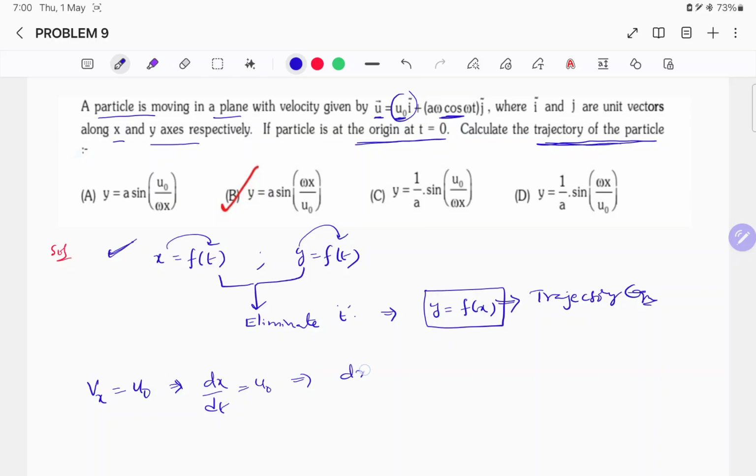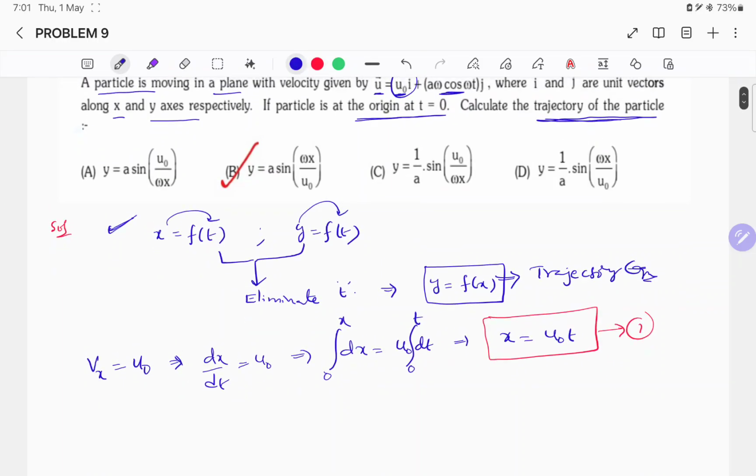Hence dx is equal to u0 dt, and integrating on both sides. As u0 is constant, we can take it outside the integration. Initially it is at origin, so at t equal to 0, x is 0. At time t it is at x, so you will get x is equal to u0 t. Now you are ready with x as a function of time. Let it be equation 1.